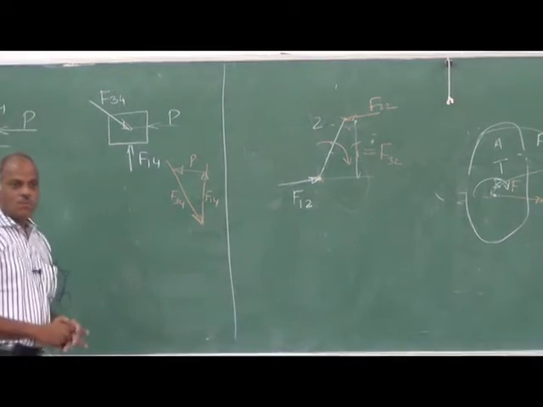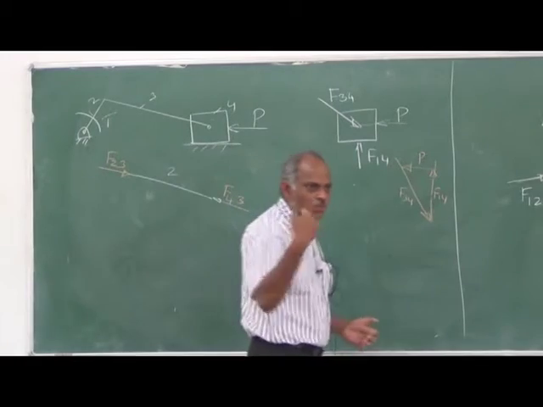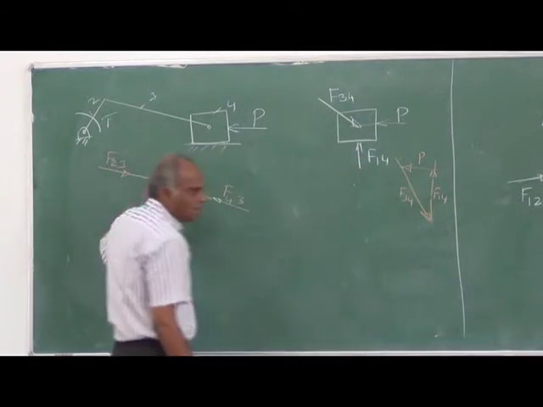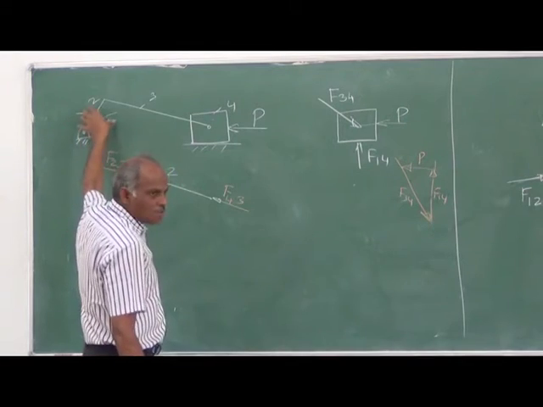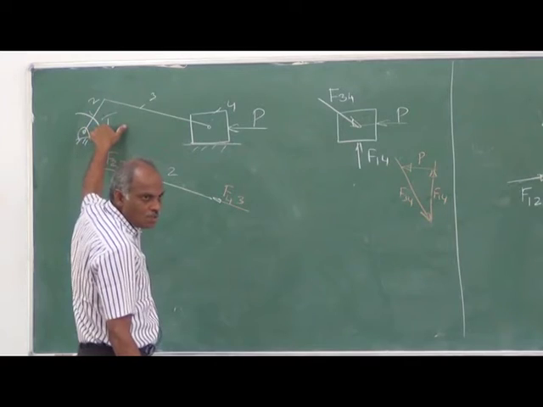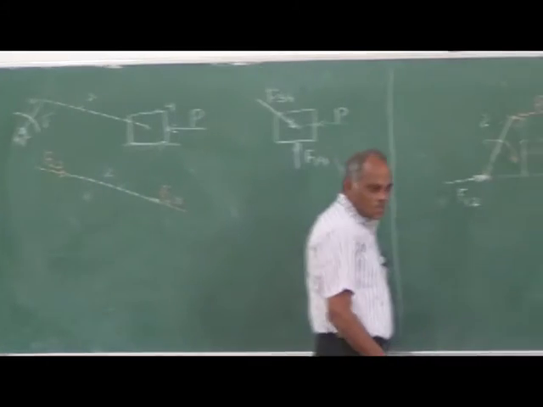So look at it. What we wanted is, for a slider crank mechanism like this, an external force is applied on the slider. Then you are asked to find out the reactions in each linkage, and then what is the holding torque that is required. So you can see this here.